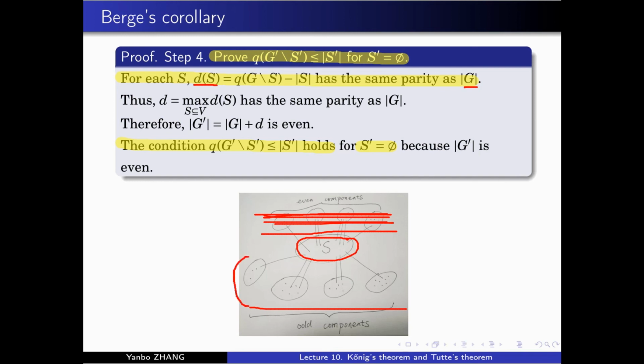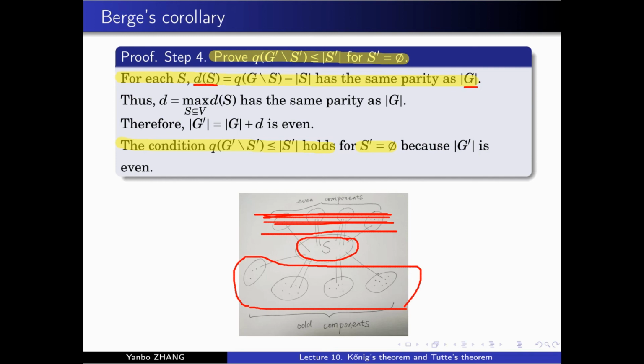We see that there are some odd components. Each component has an odd number of vertices. So, if the number of odd components is odd, then the total number of vertices in the odd components is odd.